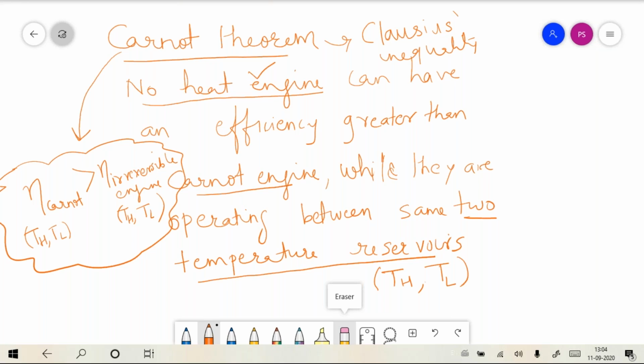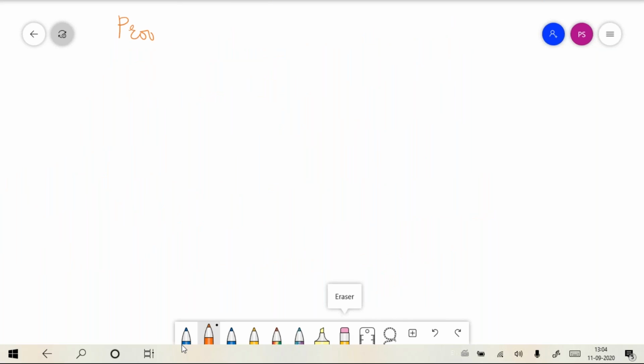Okay, so now let us start with the proof for the Clausius inequality. So now we are going to discuss the proof of the Clausius inequality. It's a very simple proof, so don't be afraid of this.